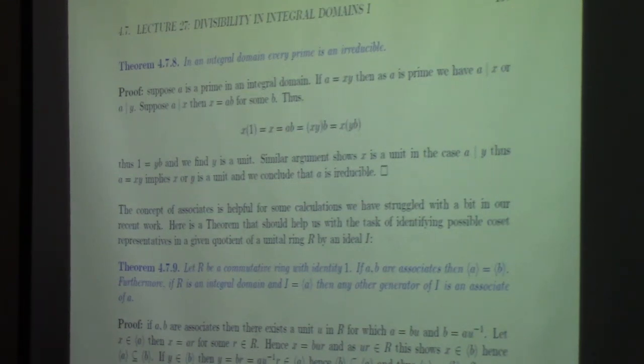Well, I guess what I'm saying is, this says prime, in the context of an integral domain, prime implies irreducible, right? Does that say anything about when it's not a prime? Actually, I don't think this theorem says anything directly about when it's not a prime, right?